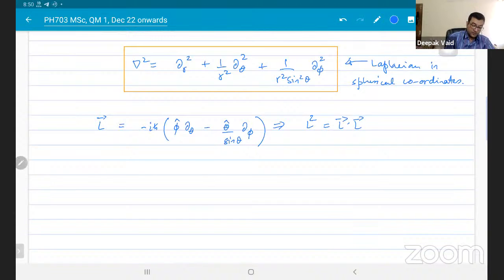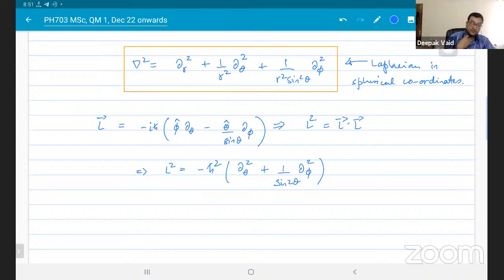So if I take the dot product of this with itself, what do I get? I get L squared equals minus h bar squared, right? Once again, taking the dot product of these terms with themselves, phi dot phi will give me dou theta squared. Theta dot theta will give me, the minus sign will go away, 1 by r squared sin squared theta dou phi squared.